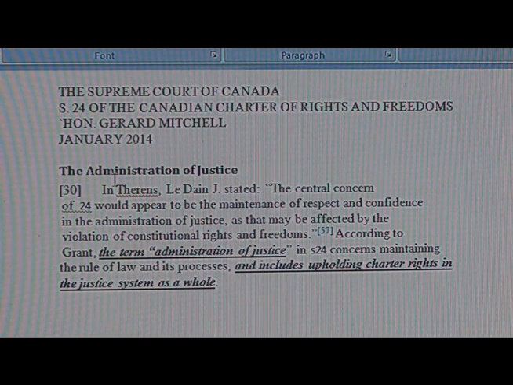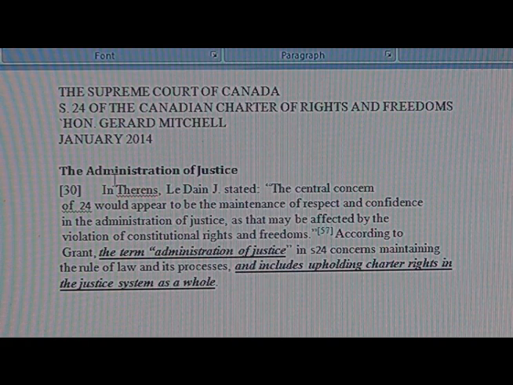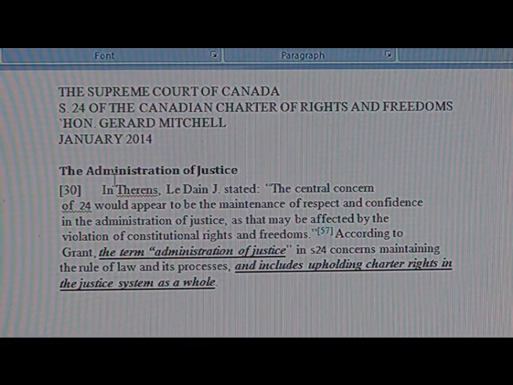According to Grant, the term administration of justice in Section 24 concerns maintaining the rule of law and its process, and includes upholding charter rights in the justice system as a whole. So when you use the term administration of justice, what you are actually speaking about is upholding charter rights and freedoms in the justice system.